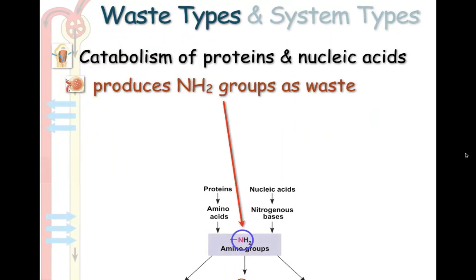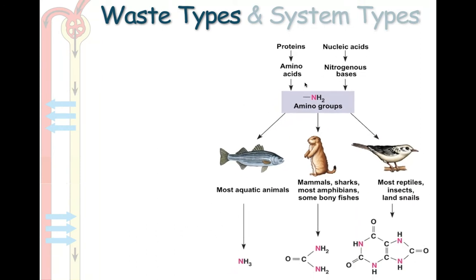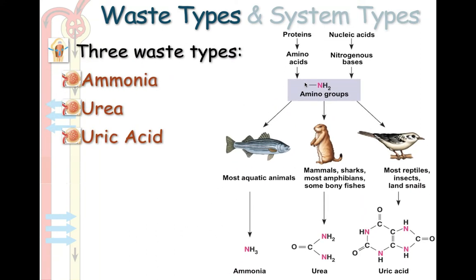The breakdown of proteins and nucleic acids, DNA, produces toxic amino groups as a waste product. Your body does not want to keep this byproduct inside because it's toxic, so it needs to get rid of it.